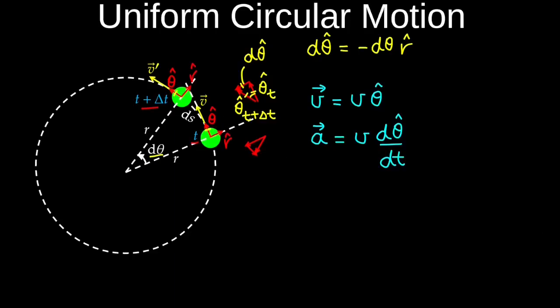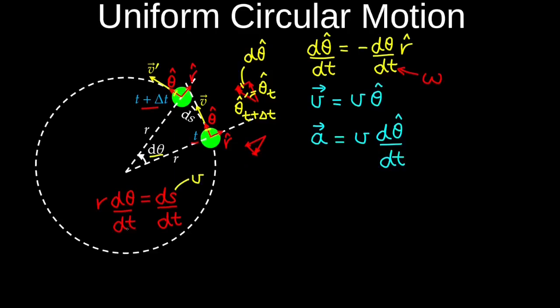Now if we divide through by dt, this here is the angular velocity. And that can be obtained using this formula. So r d theta is equal to the arc length ds, and if divided through by dt, this here is the speed, and this here is the angular velocity.